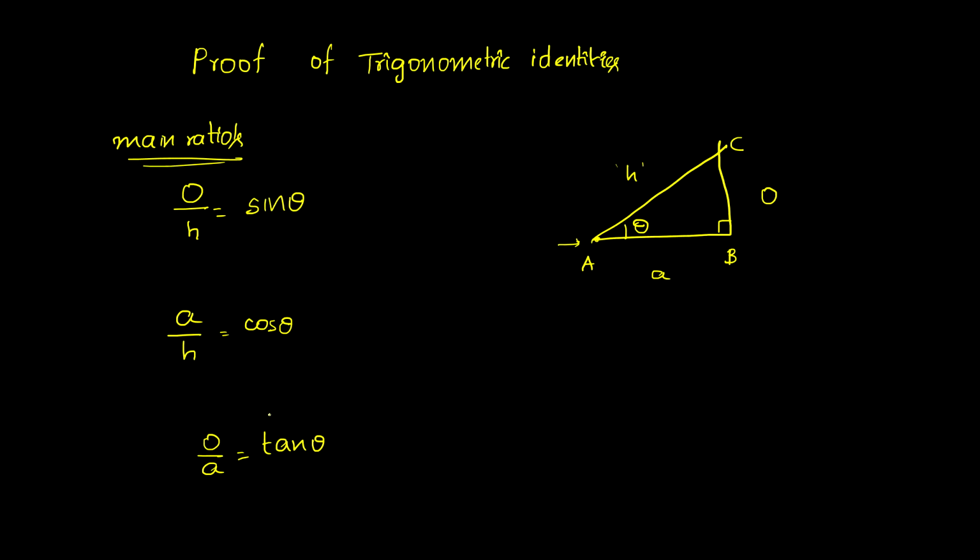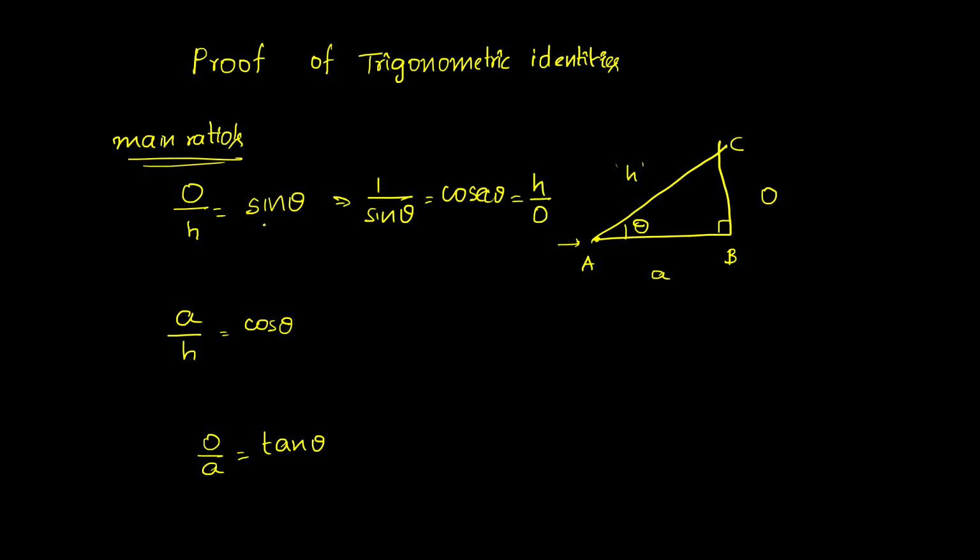So we will assume opposite by hypotenuse as sin theta, adjacent by hypotenuse as cos theta, and opposite by adjacent as tan theta. And we have secondary ratios which are dependent on primary ratios, and the relation between the primary ratios and secondary ratios is nothing but the reciprocals. The reciprocal of sin theta, 1 by sin theta, is cosecant theta, defined as hypotenuse by opposite.